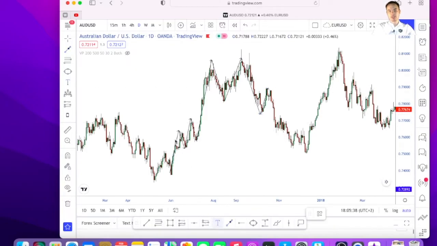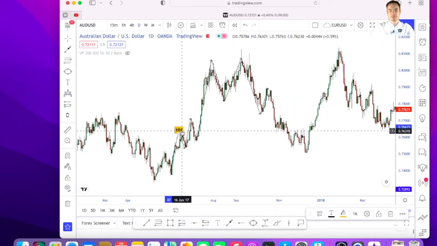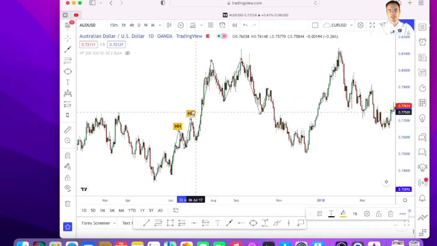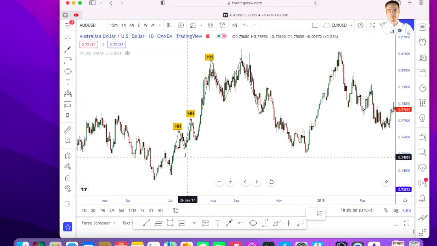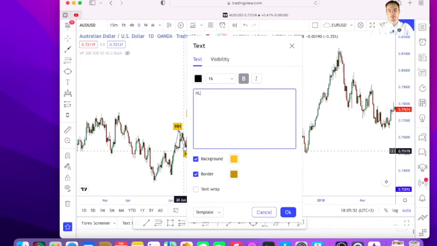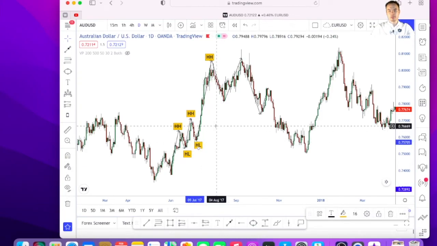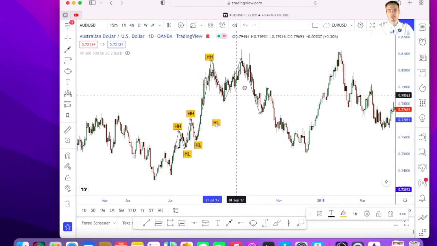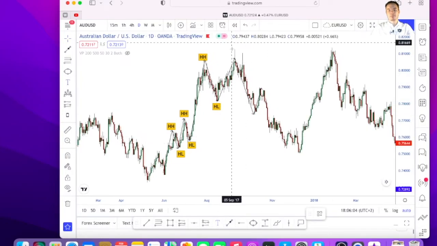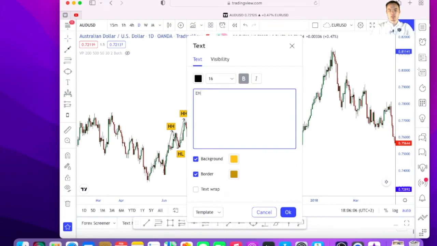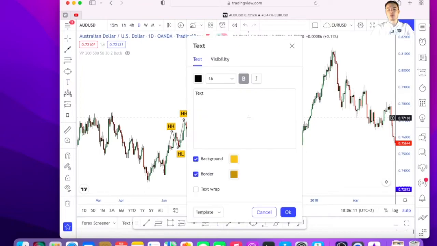So as you can see here, let me write it out. Here's a higher high, here's a higher high, higher low, higher low, higher low, then price made an equal high, then formed a lower low.